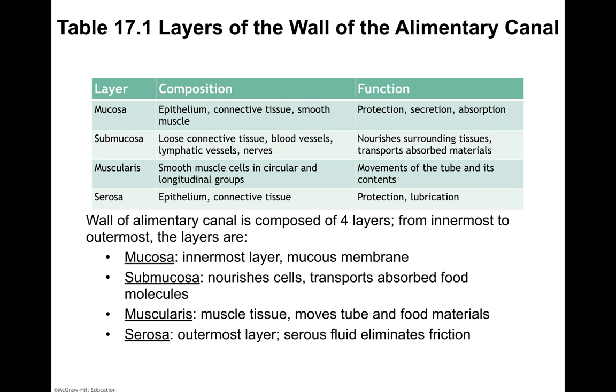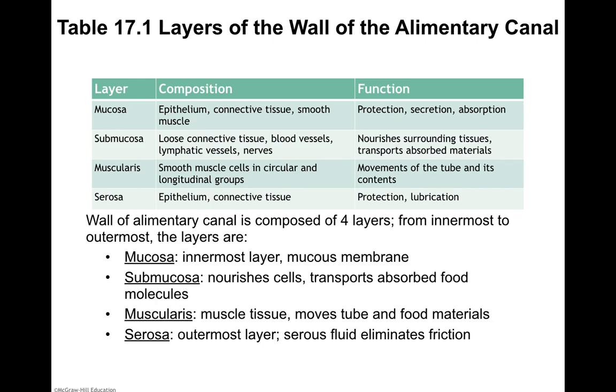The innermost one, the one in contact with stuff in the outside world, is the mucous membrane. Just below that is the submucosa, which nourishes the cells and transports the absorbed food particles or chemicals into the bloodstream. The muscularis is muscle tissue.